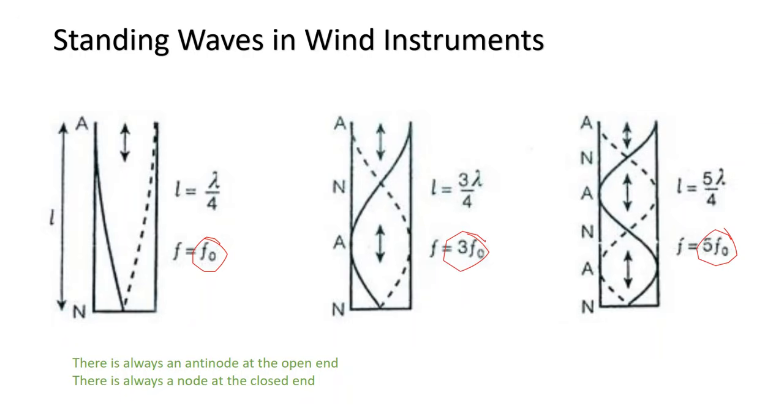Why not at twice f0? Because if a standing wave were to be formed at twice f0, over here would have been a node, and we all know in wind instruments you cannot have nodes at the open ends. That's why.